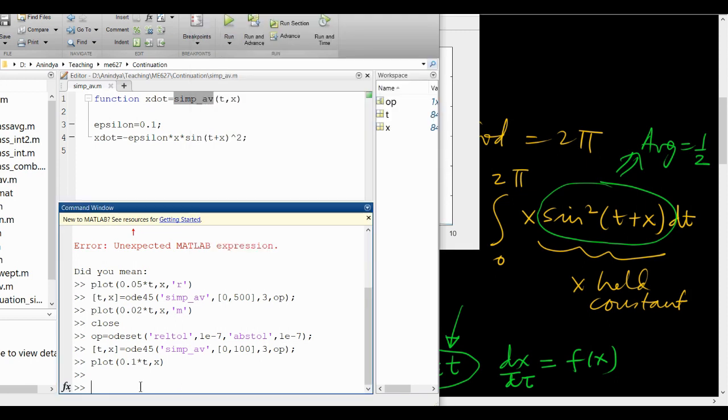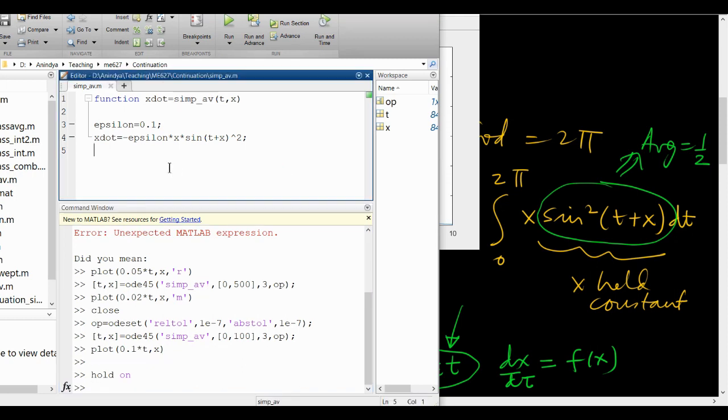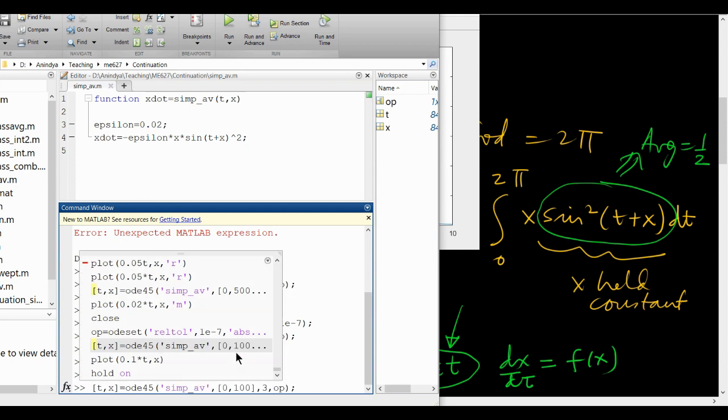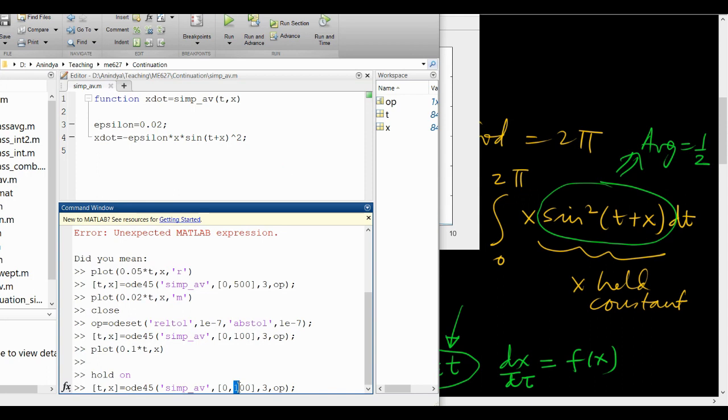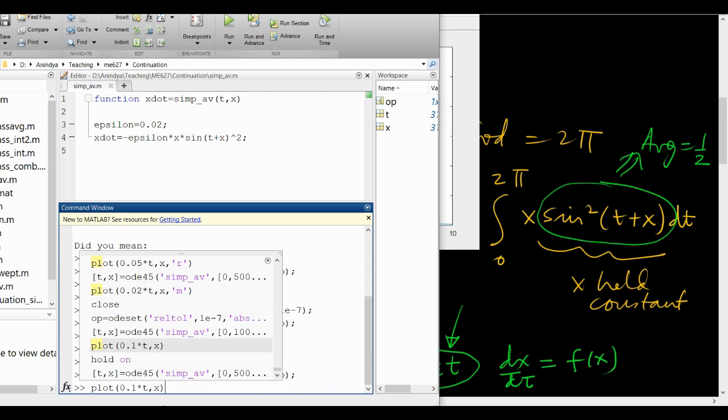Now I say hold on. Good. Now I come here and I try epsilon equals 0.02, for example. And when I do that, since epsilon t is my time, I just made epsilon 1/5 of what it was. I will run this 5 times longer. And then I will plot this, but this time I will not plot it in blue.